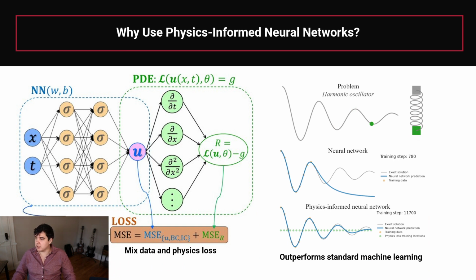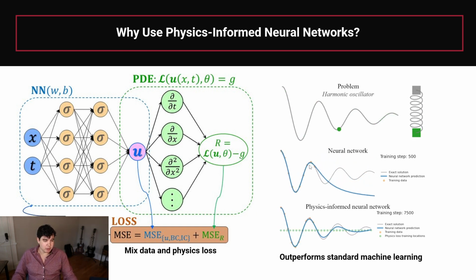So here's a nice example of this, right? On this harmonic oscillator, you can see that here's our data, right? And when you no longer have any training data, the standard neural network will generally not be able to predict what happens outside of its data set, right?